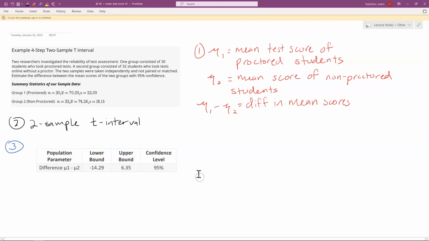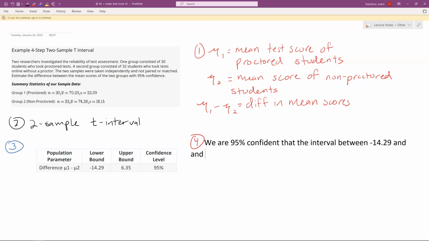So now we can interpret what's being said. So our interpretation is going to follow the same interpretation that we've been doing for confidence intervals in the past. We can just say something like, we are 95% confident that the interval between negative 14.29 and 6.35 points, that's the units here since we're talking about test scores, actually contains.